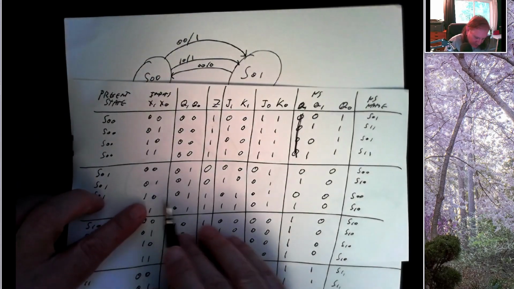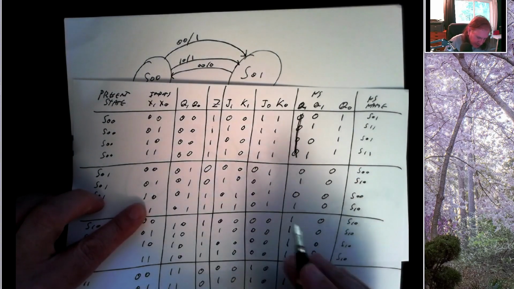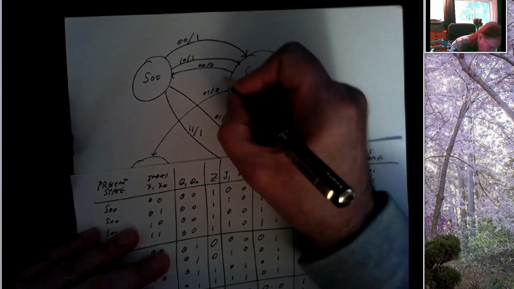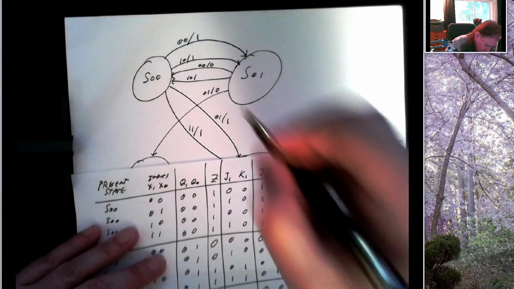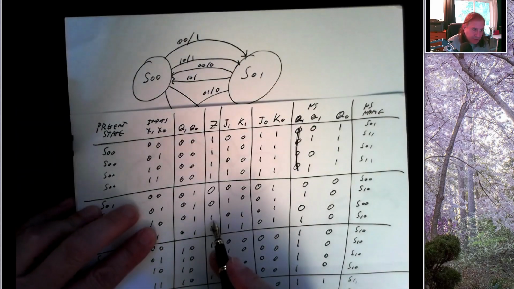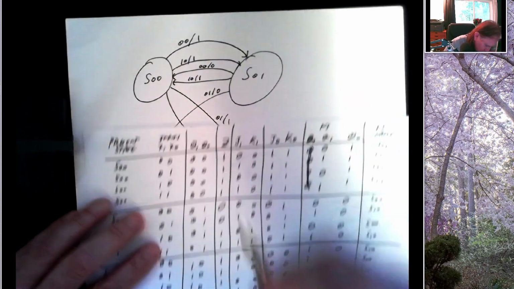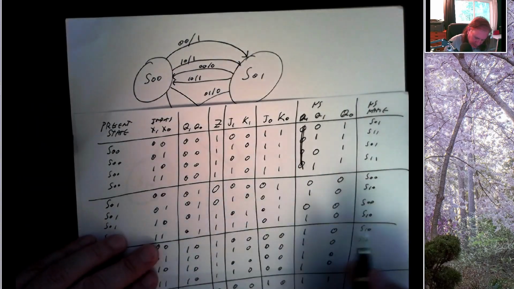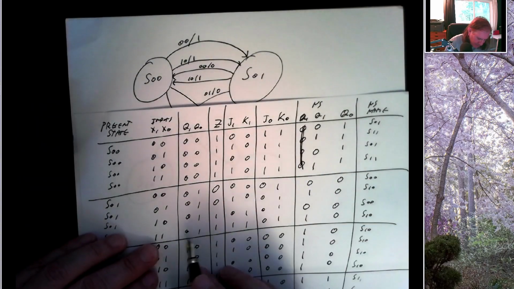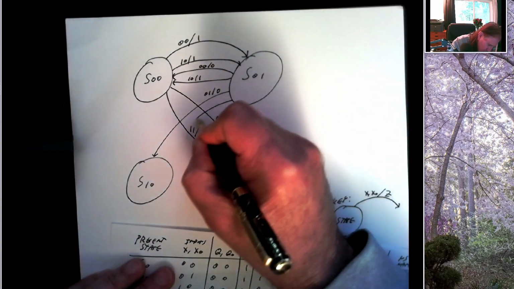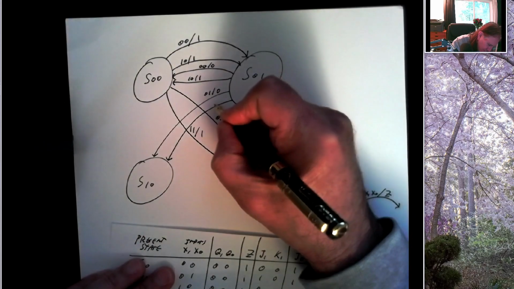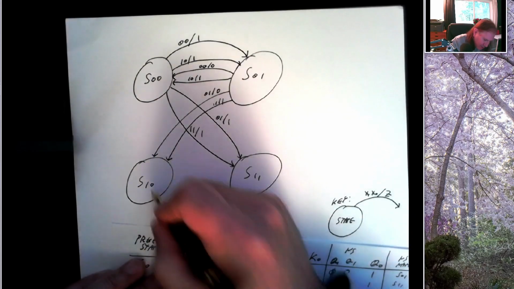If our input is 1, 0, we also go to 0, 0. And in that case, our output is a 1. And if our input is 1, 1, we go to 1, 0 with an output of 1. So if we're 1, 1, we output 1, we go to state 1, 0.